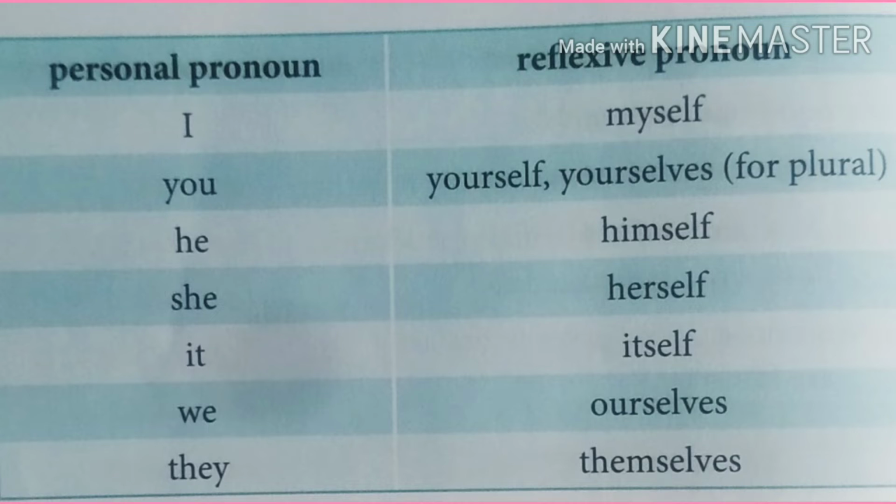One very simple thing to note here is that for singular form we use SELF, that is self, and for plural form we use SELVES, that is selves. Okay. So this is all about reflexive pronouns.